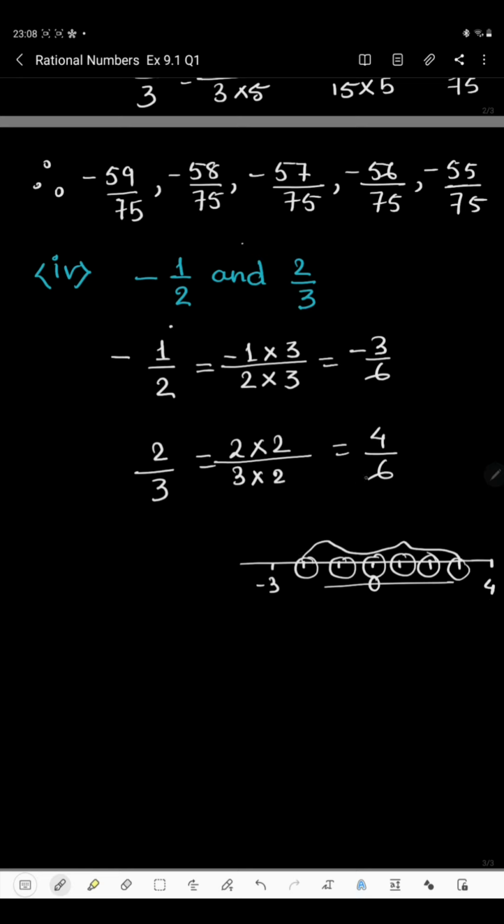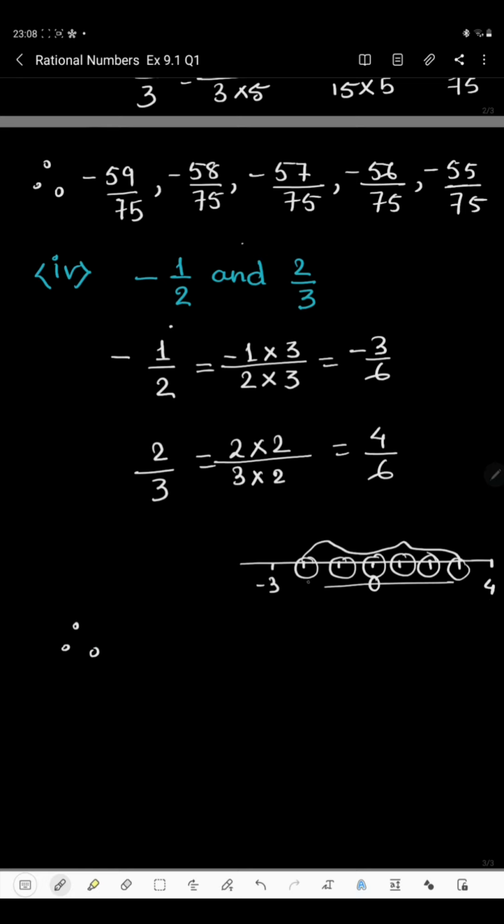So we don't have to multiply further. We have got the 5 rational numbers. If we don't get enough rational numbers in between after making the denominator same, then we will have to multiply further, to get the required rational numbers, whether it is 5, 10, whatever it is.